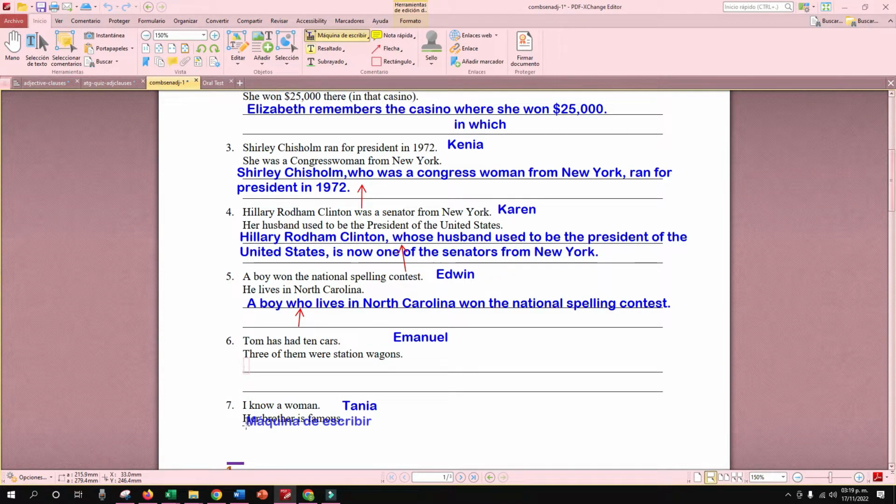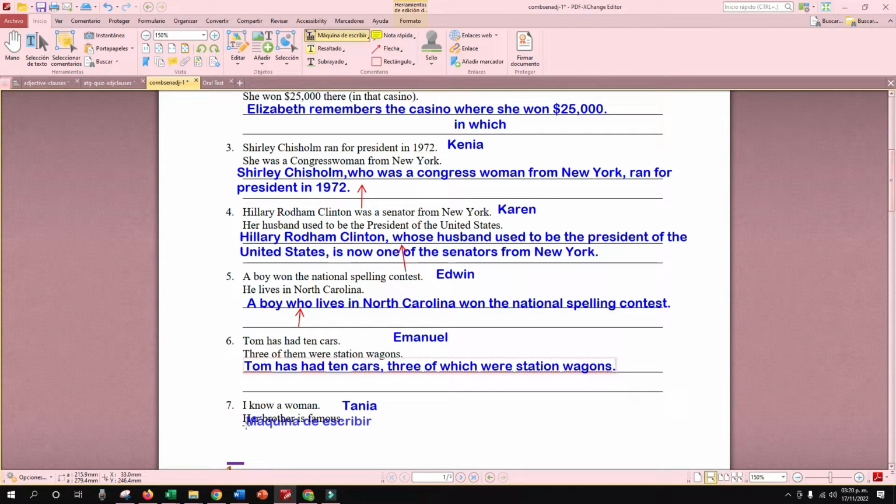Tom has had 10 cars, 3 of which were station wagons. In that case, Emmanuel, you can say: Tom has had 10 cars, 3 of which were station wagons.